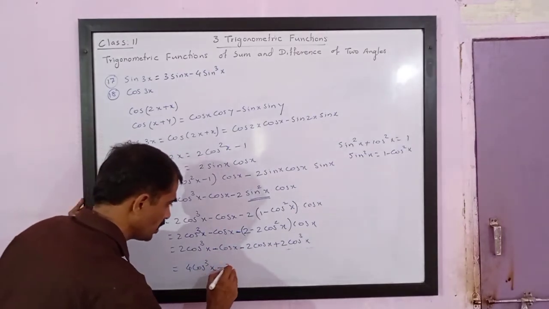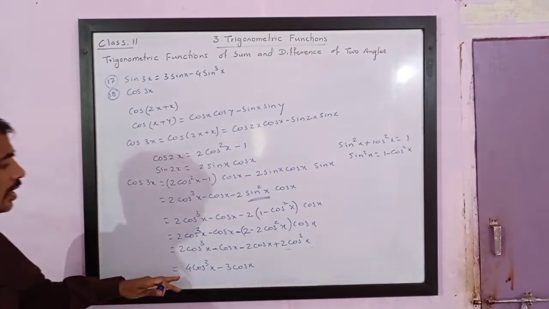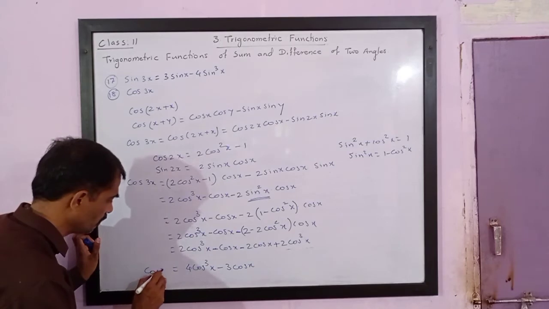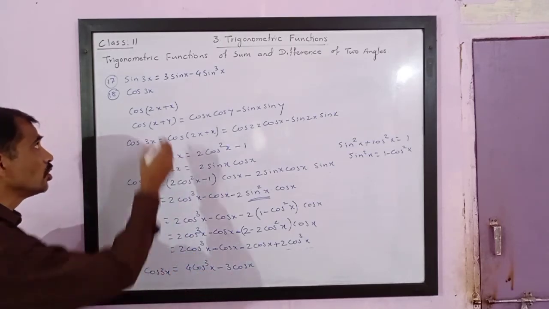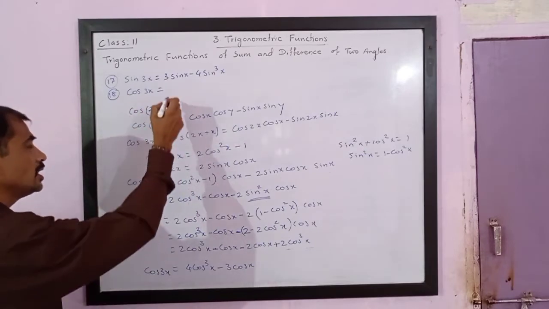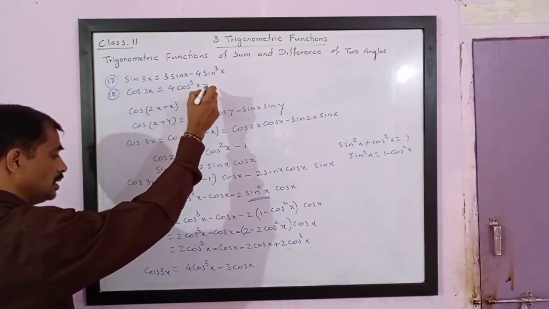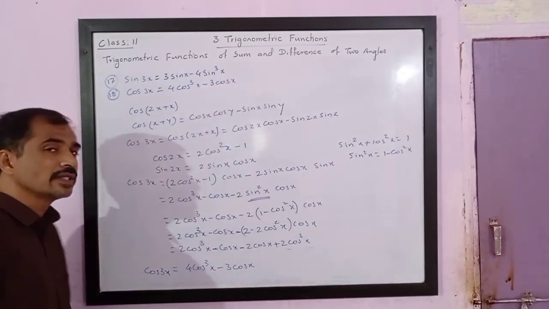So this will be minus 3 cos x. So we have got the identity, very important identity. Cos of 3x is equal to 4 cos cube x minus 3 cos x. So identity for cos 3x is 4 cos cube x minus 3 cos x.